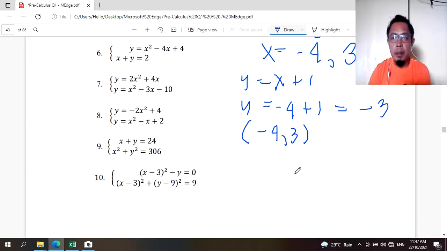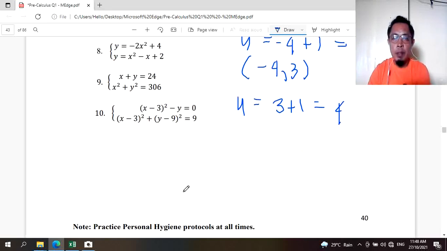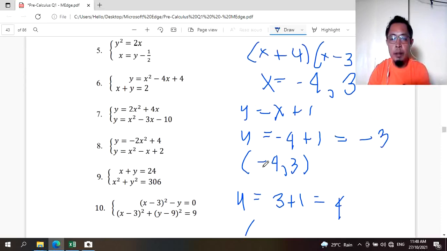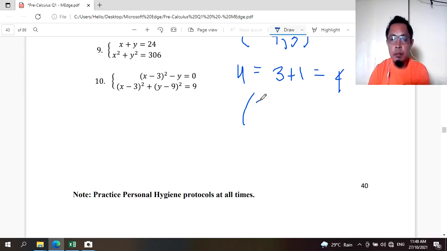In like manner, when x is equal to 3, y is equal to 3 plus 1, so that gives us 4, and that gives us the point 3 and 4.